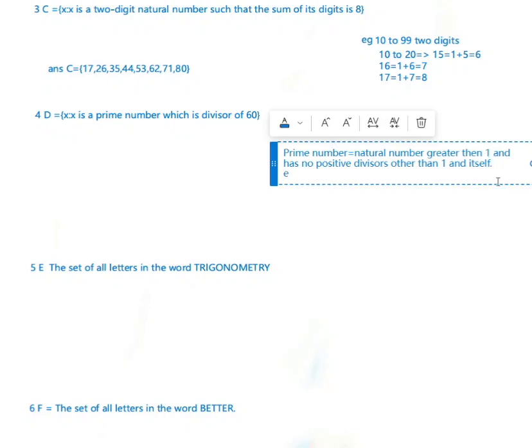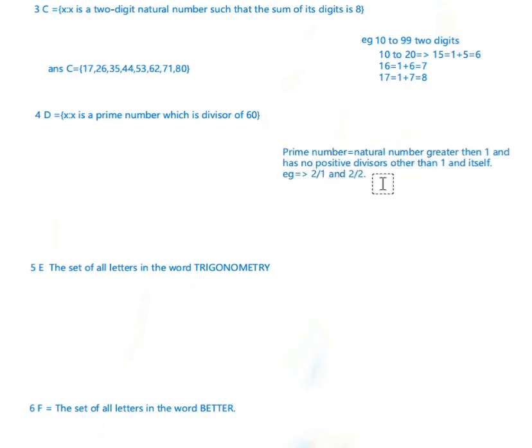Like if we think about 2, 2 is divided by 1 and by 2 itself, and there is no other number by which it can be divided. So if we divide, then the denominator will become 0. So something like that.